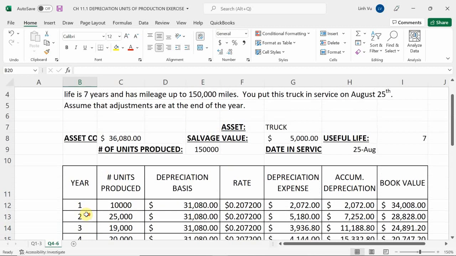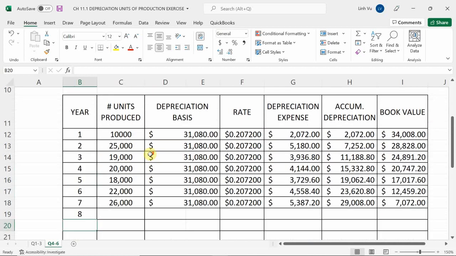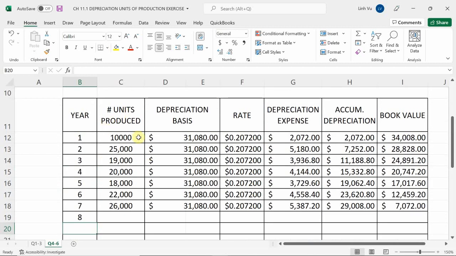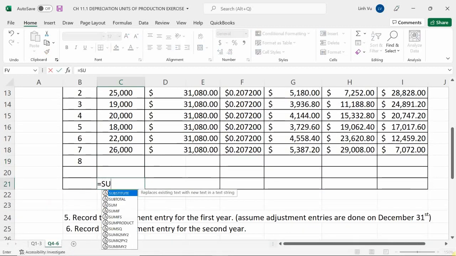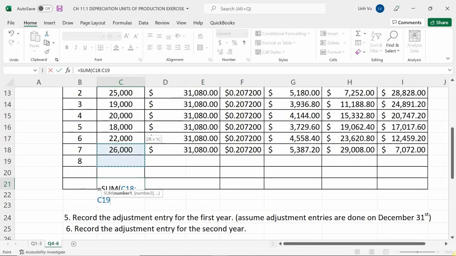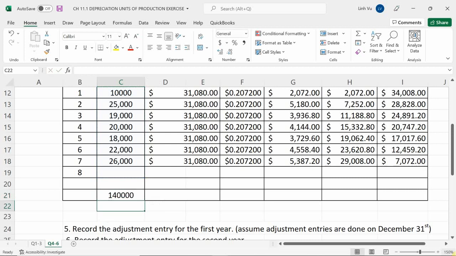But what else? Have I met my capacity yet? My capacity is 150,000 miles. How many miles have I driven so far? So far, I've driven only 140,000 miles.